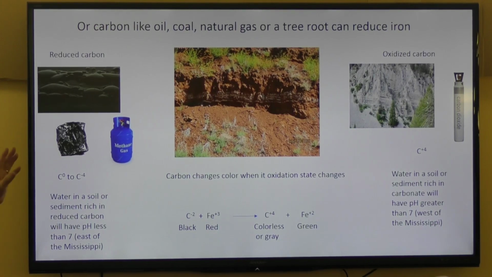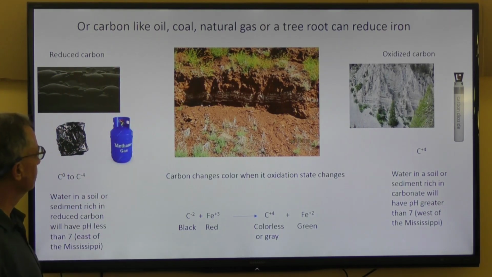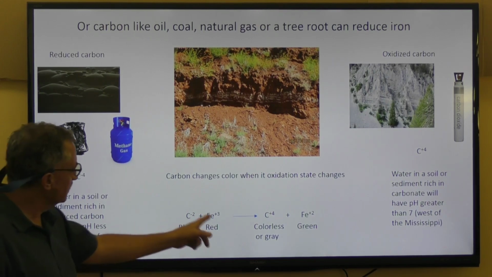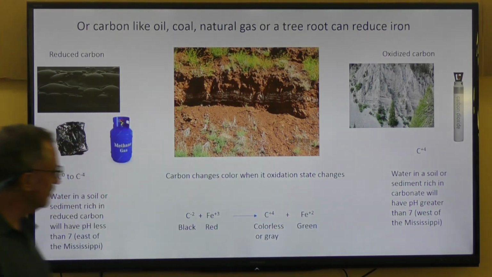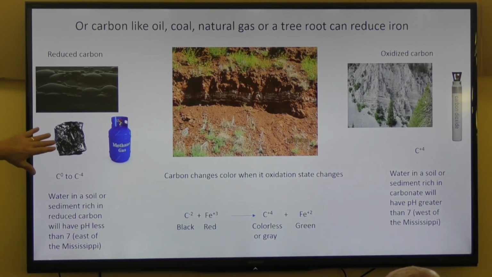Okay, besides low oxygen, it could also be that a hydrocarbon oxidized the red rock, reducing it back to iron +2. So carbon plus iron +3 goes to carbon +4 and iron +2. Here are some hydrocarbons: oil, coal, methane gas.